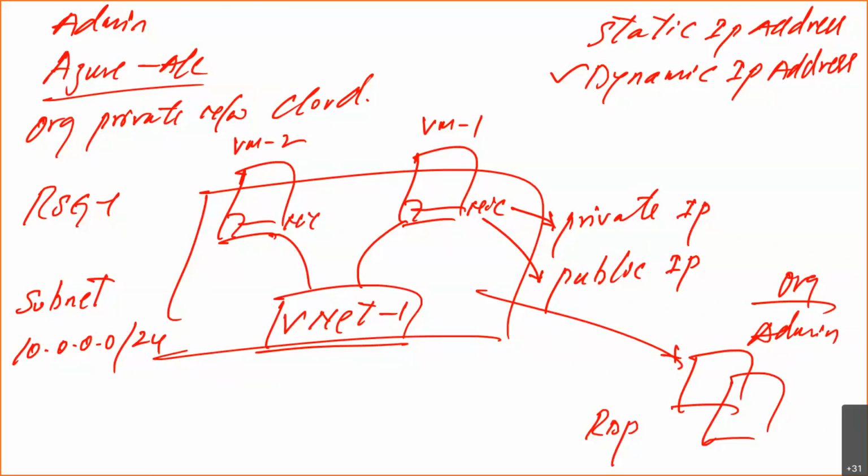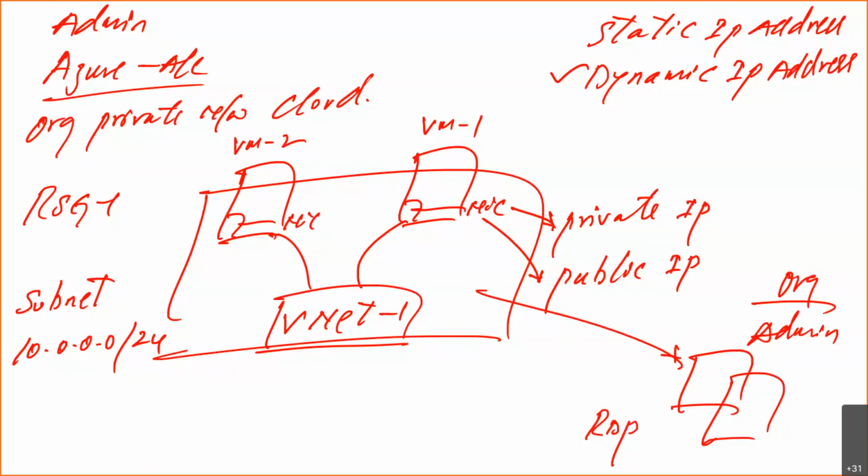So guys, when you're creating a virtual network, it's asking the VNet IP address range, it's asking subnet. This information is given. Then, guys, when you connect the virtual machine to the VNet, it's asking which VNet this virtual machine should be connected to. That VNet will assign the private IP address to this virtual machine.